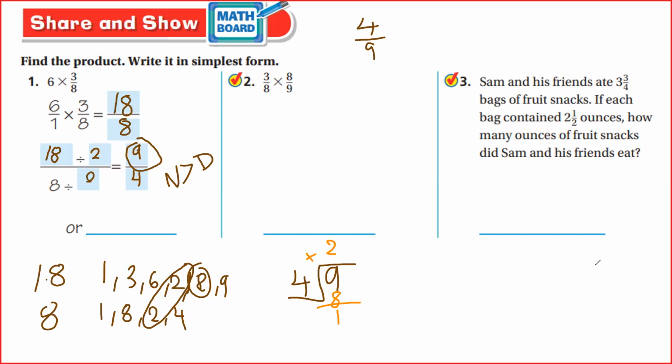The remainder is 1. So now I write it as a mixed number: 2 and 1 over what? Over 4. Bravo. 2 and 1 over 4.